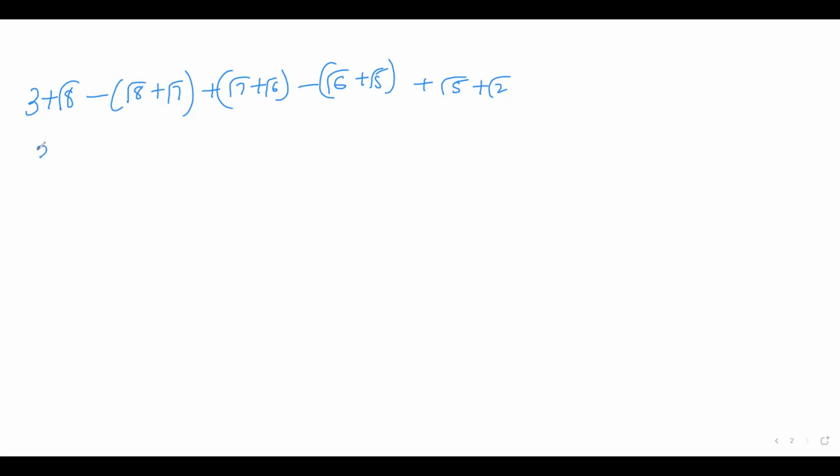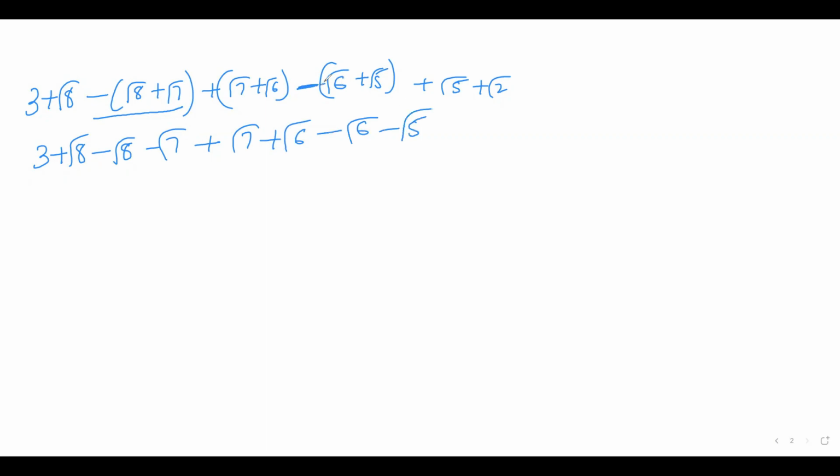Let's open the bracket. Here when I open the bracket, signs will change: minus root 8 and minus root 7. Here no need to change the sign. As you are having minus, you have to change the sign when you open the bracket.